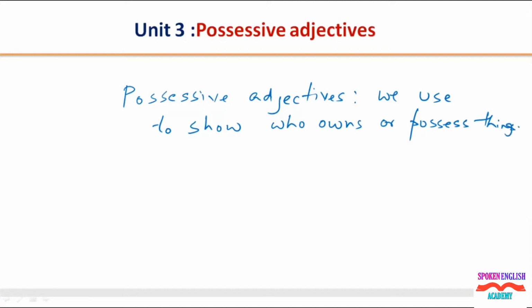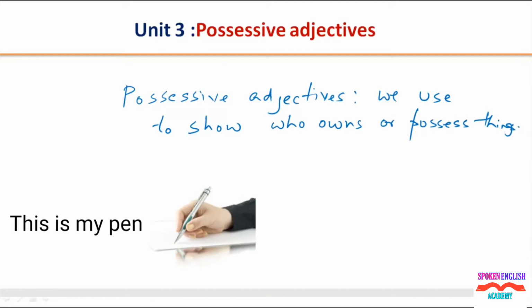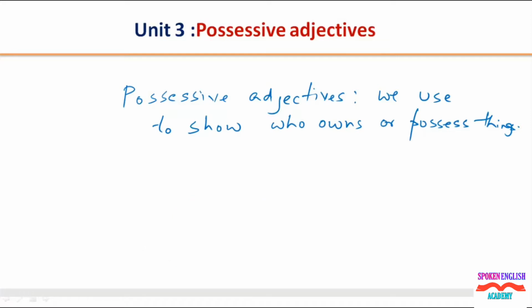Okay, for example, if you say this is my pen, so you own this pen, you are the owner of this pen. So we use possessive adjectives to show who owns or possess things. Okay, let us look at the examples of possessive adjectives.